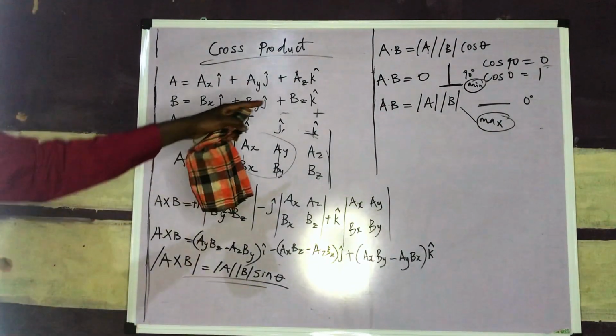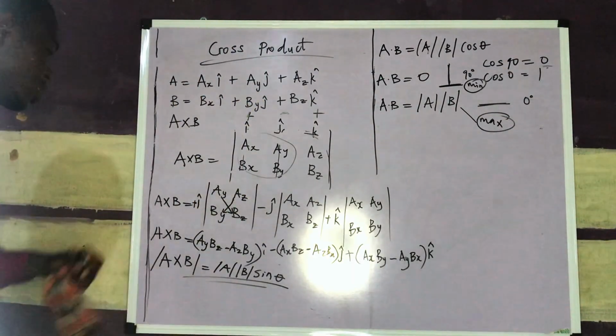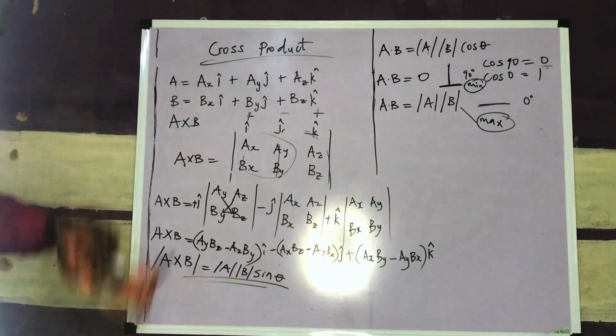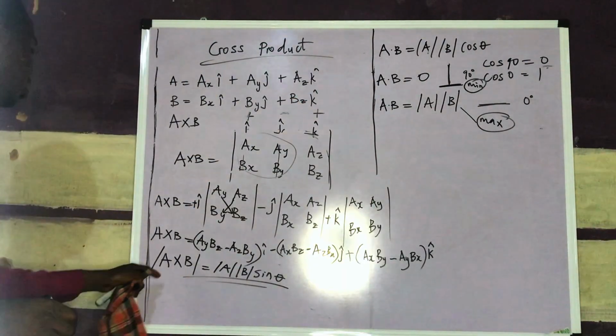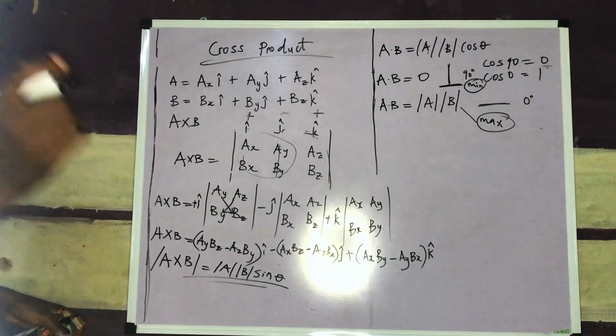But in the dot product it is cos theta, while here it is sine theta. So they can also ask you the question: at what point is the magnitude of A cross B maximum and what is minimum?